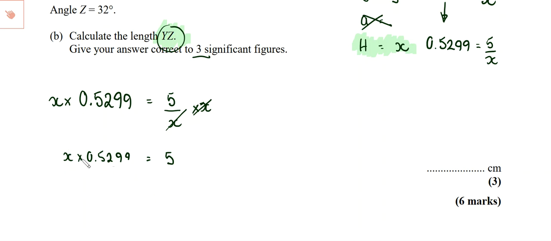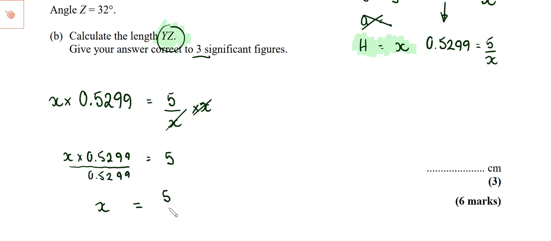I want x on its own, I want x equals, so if this is x times 0.5299, yeah, divide by that instead. Let's divide by 0.5299.